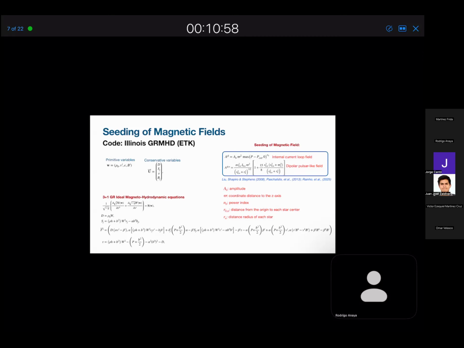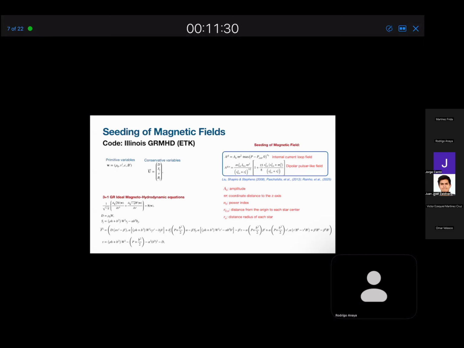From this formula, if we have the pressure of the star and we define a cutoff pressure in the atmosphere of our star, we can seed the magnetic field only within, or contained within, the star, as you will see in the simulations in the next slides.